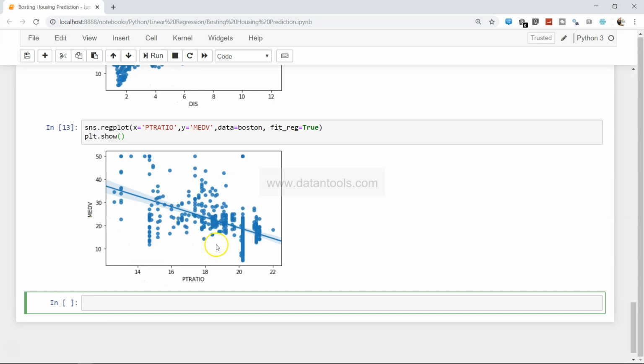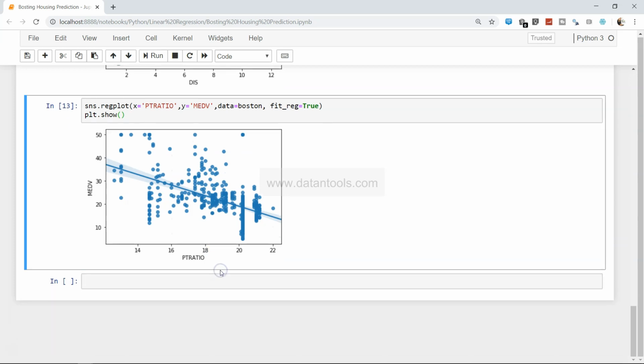And as the PT ratio is increasing, the prices are lower, as expected.